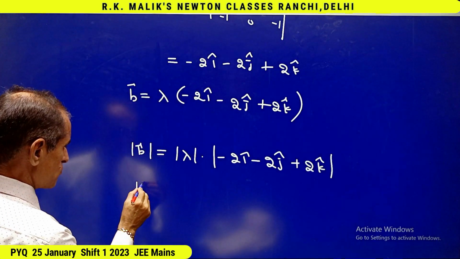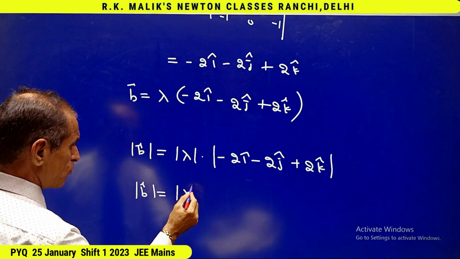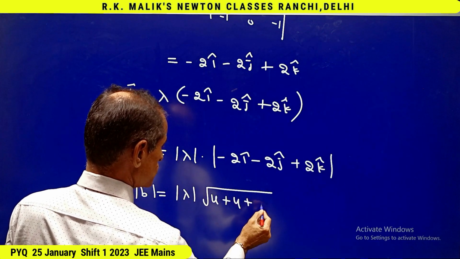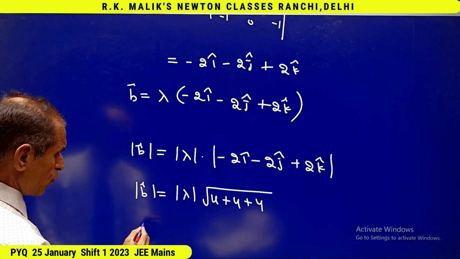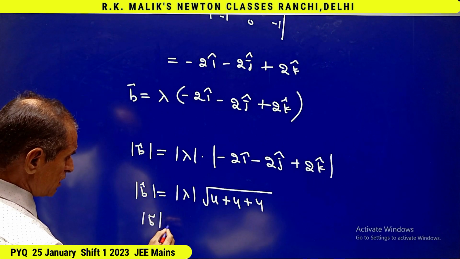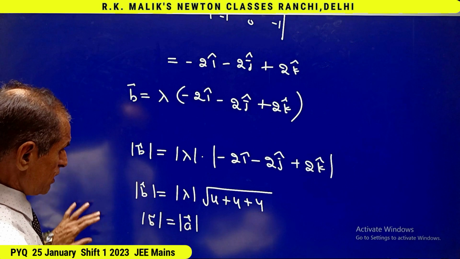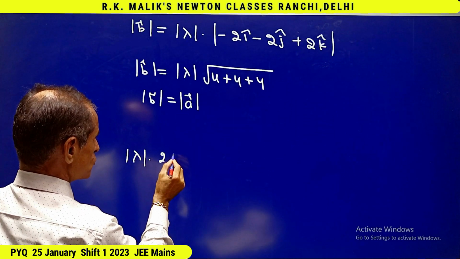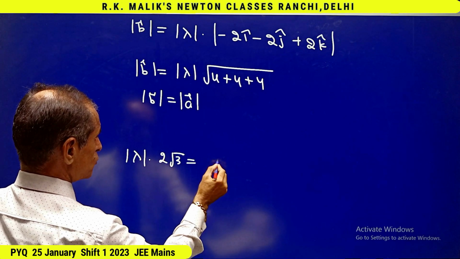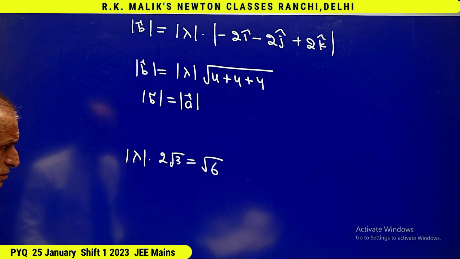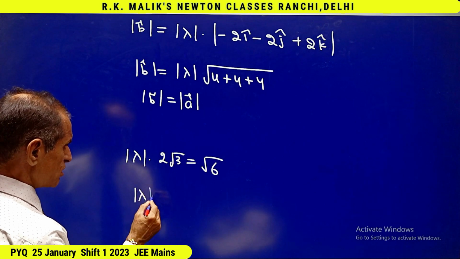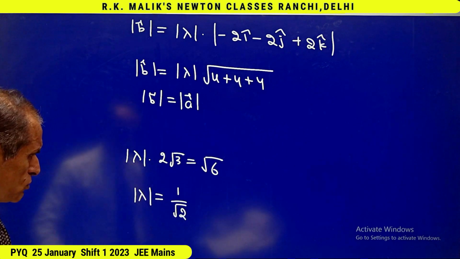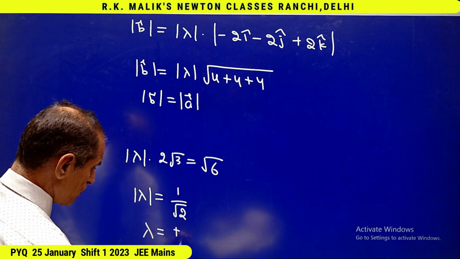That is, mod of B equal to mod of lambda under root 4 plus 4 plus 4, and we know that mod B is equal to mod A. Hence, I get mod lambda into 2 root 3 is equal to root 6. That is, mod lambda is equal to 1 by root 2. That is, lambda is equal to plus minus 1 by root 2.